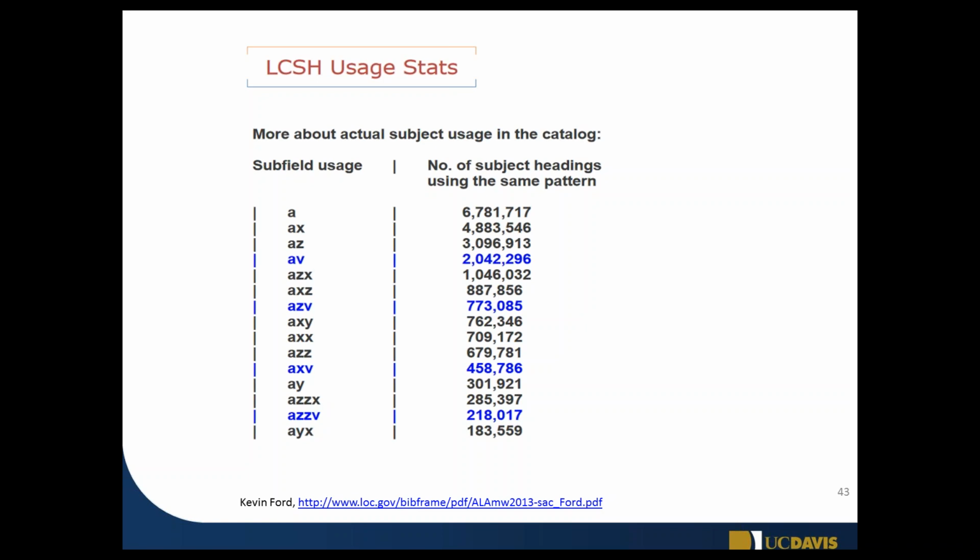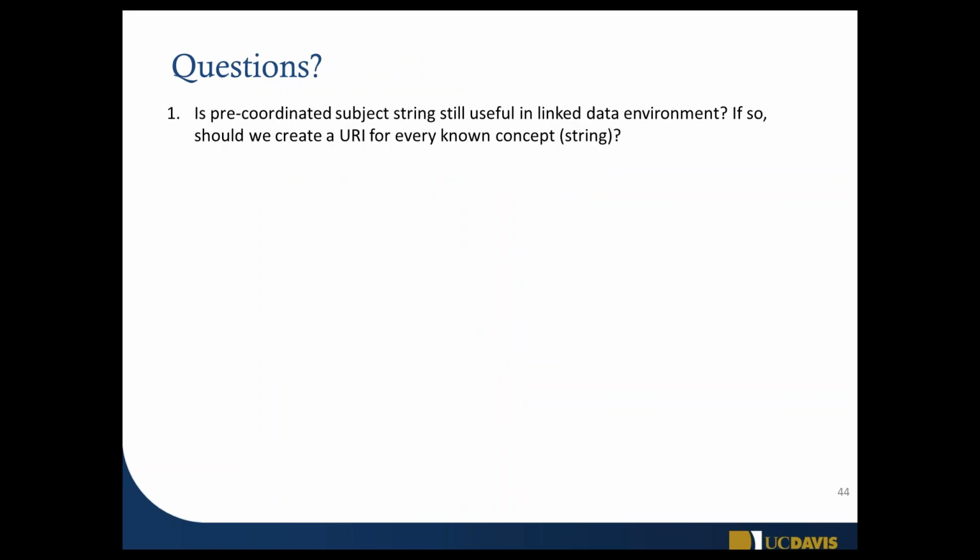So with these two sets of data as background, the first question I'm going to pose is: is the pre-coordinated subject string still useful in a linked data environment? If so, should we create a URI for every single known concept, meaning string?